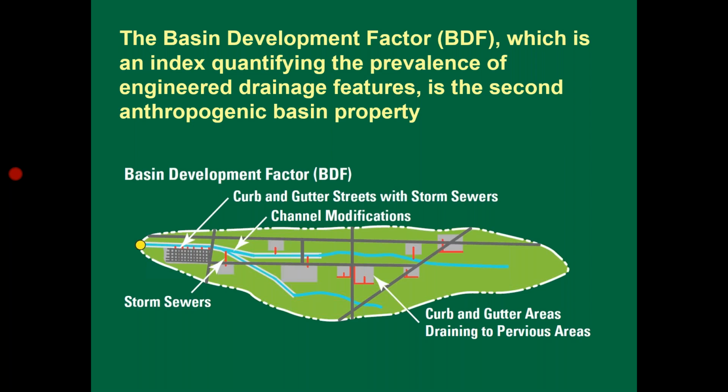It's not a hard number to come up with, but it's not easily automated. So instead of using the Basin Development Factor, you can use the imperviousness to get at the timing of the hydrograph. It's a lot easier. Using the Basin Development Factor gives you a slightly better answer, but with all the uncertainties in any model, the difference probably isn't all that important.